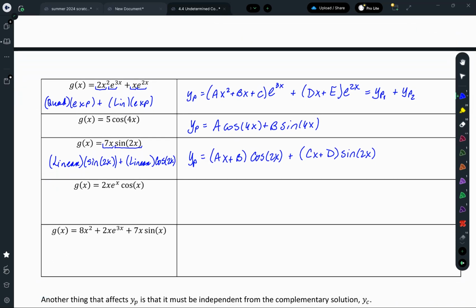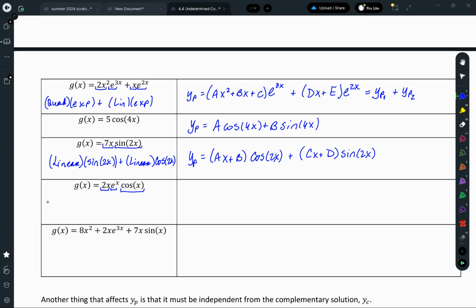The next one is even worse. I've got 2x, I've got e to the x, and I've got cosine of x. Okay, so I have a linear, I have an exponential, and I have a cosine of x. So remember, the cosine of x is going to have the sine of x show up as well.